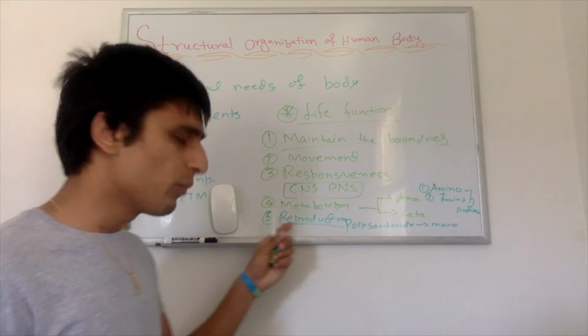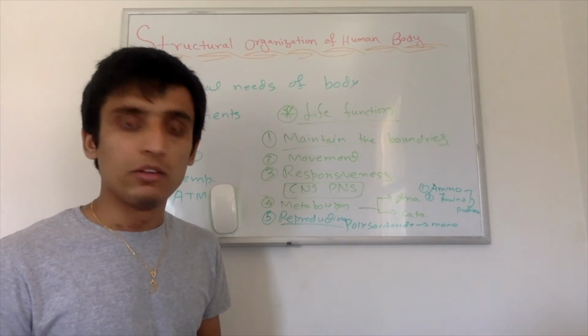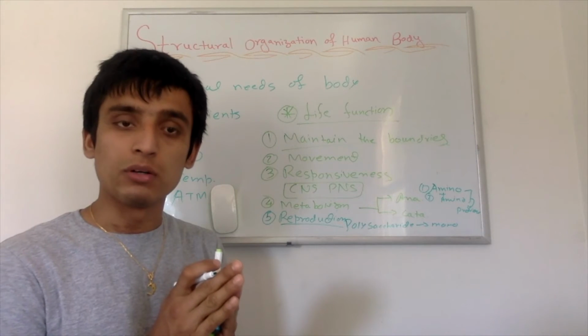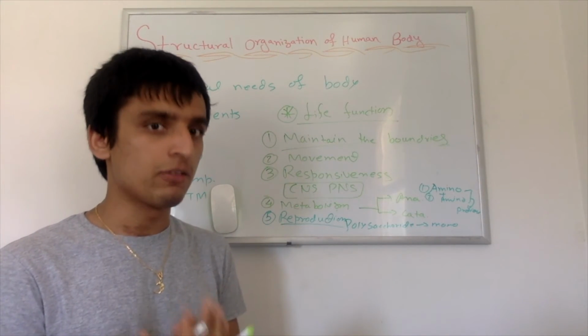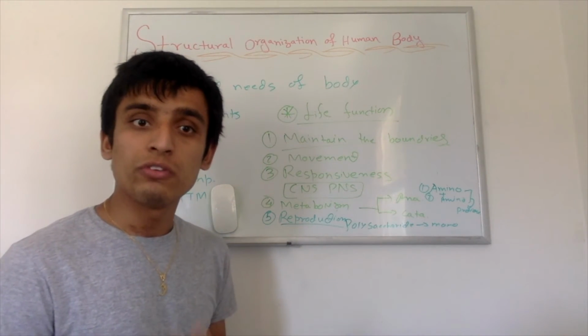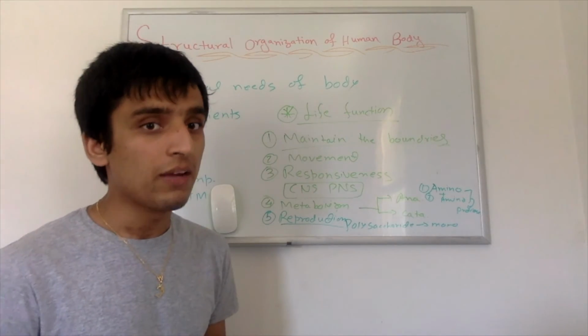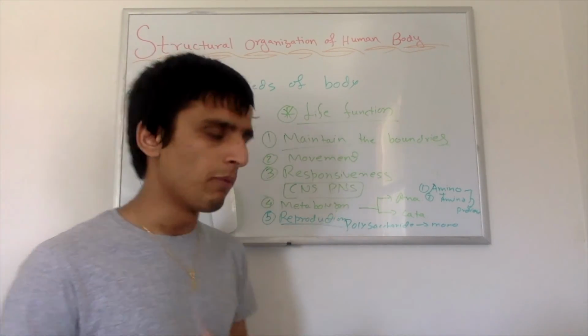Reproduction works at the cellular level: fusion of the egg and the sperm, and the division through different stages like blastula and gastrula, and cell division, which may be mitosis, meiosis, whatever. So this is all about reproduction, and it is very important.